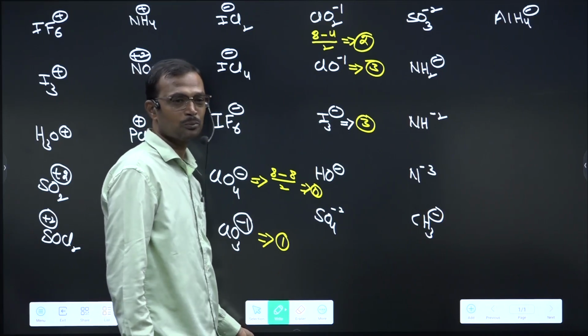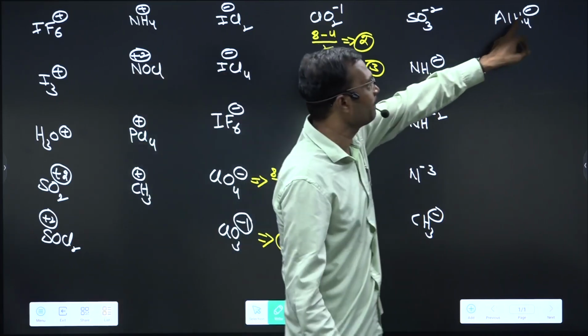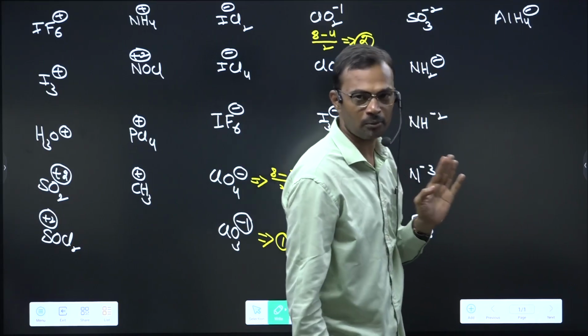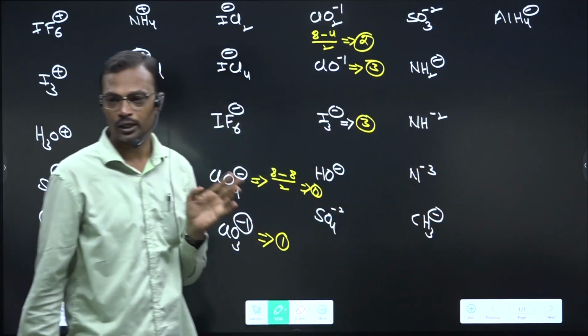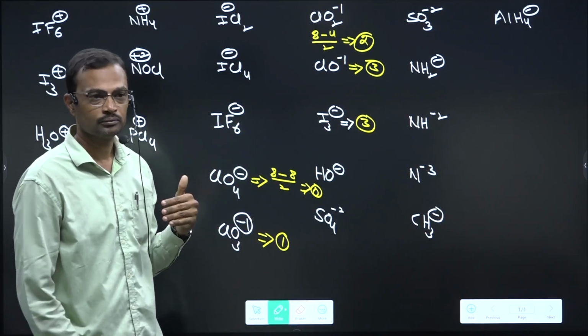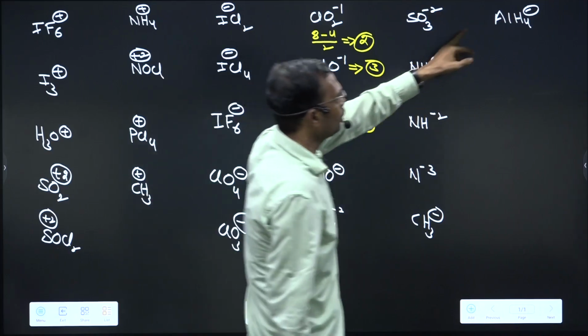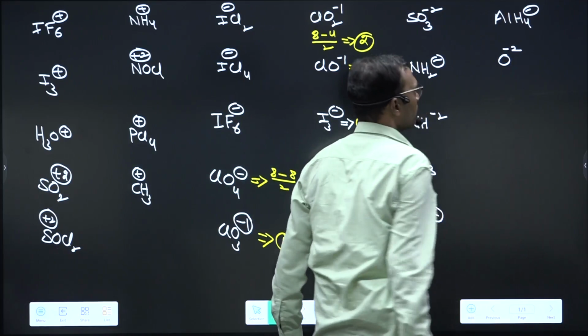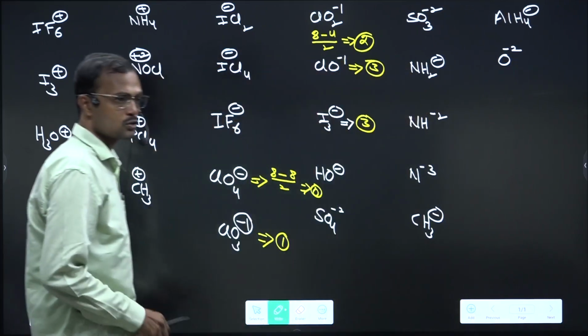Aluminium belongs to which group? Third group. 3 plus 1, 4, minus 4, 0. Don't think minus 1 every time it is a lone pair. Now that electron is bonded to hydrogen, and aluminium's empty orbital is having a lone pair.